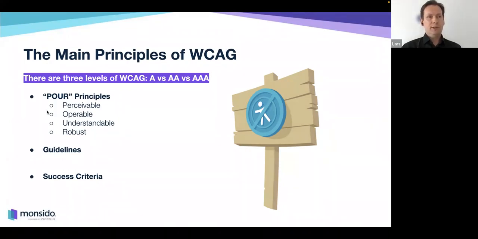But you could also look at it top down. That's a hierarchy where at the top you have these four principles about how it has to be perceivable, operable, understandable, and robust. So that's the four main principles you have in WCAG. And these four are divided into some guidelines, which again have some success criteria. So it's two different ways to see this.